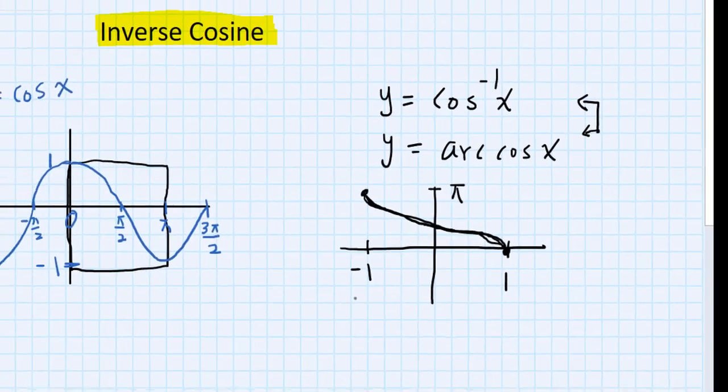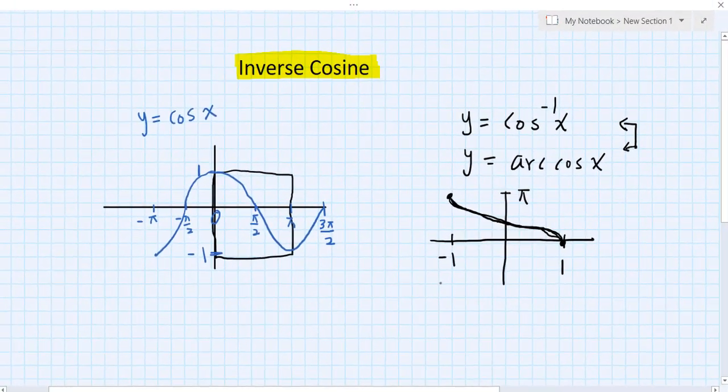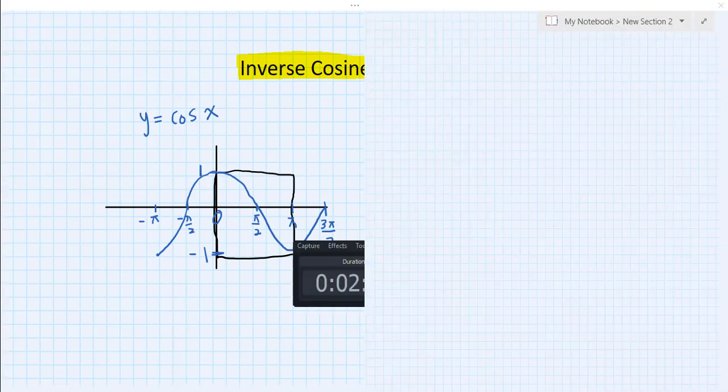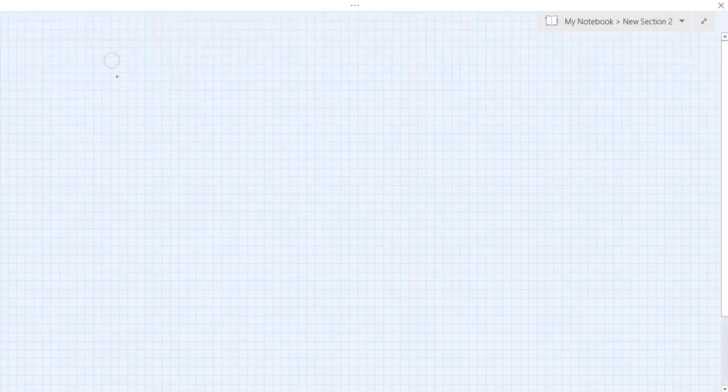Now look at the restriction. Whenever you evaluate the inverse of cosine, the restriction is from 0 to pi. Now let's look at some examples. Let's say they want you to evaluate inverse cosine of negative radical 2 over 2.